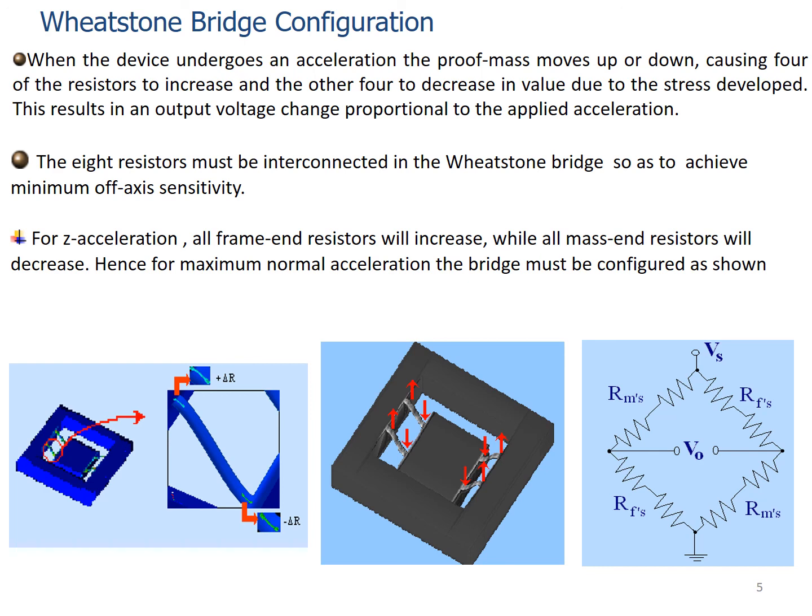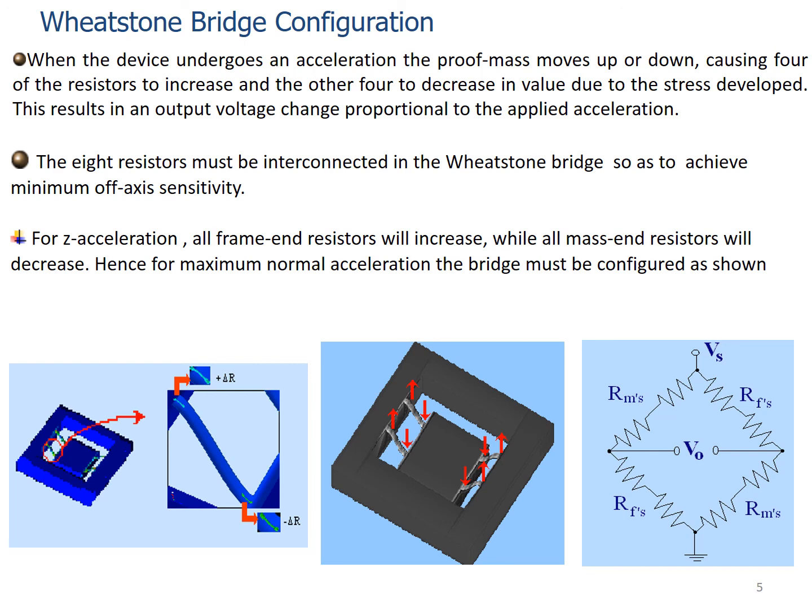Okay. Now, as we said, for z-axis acceleration, all frame end resistances will increase while all mass end resistors will decrease. Hence, for maximum normal acceleration sensitivity, the bridge must be configured in this particular configuration, so that the primary or sensing axis sensitivity will be increased, whereas the cross-axis sensitivity will be decreased.